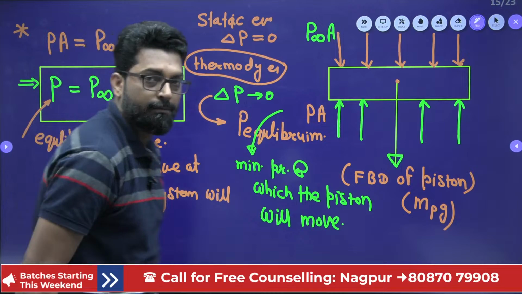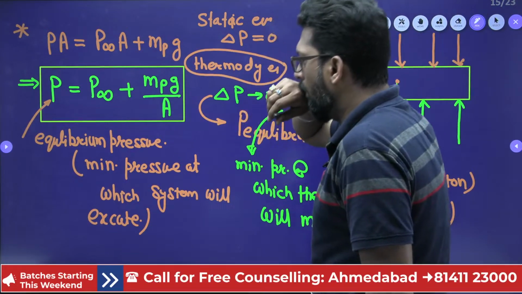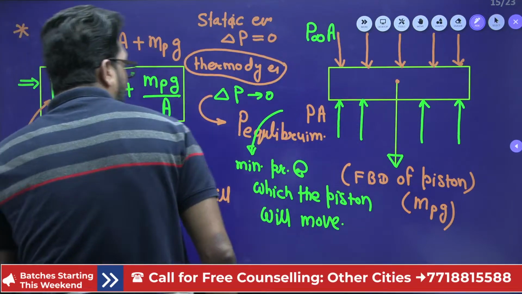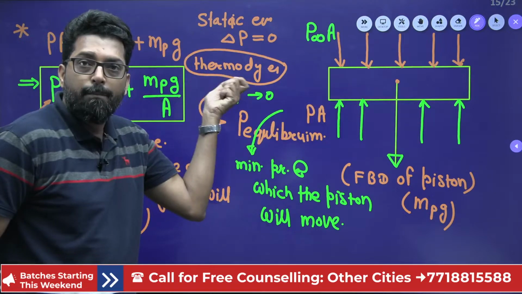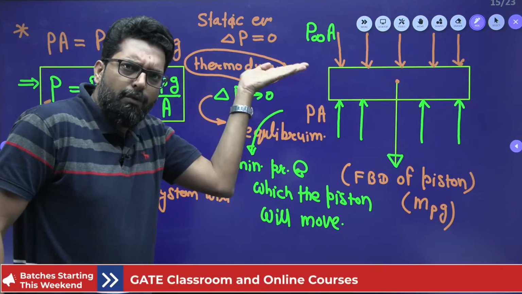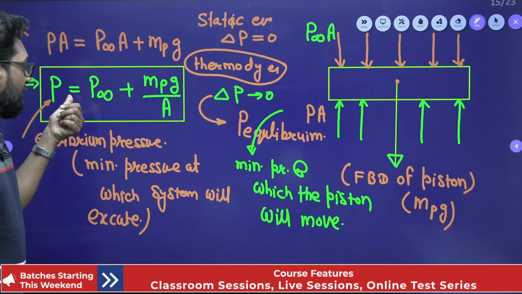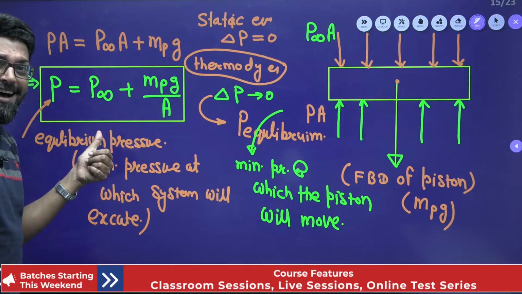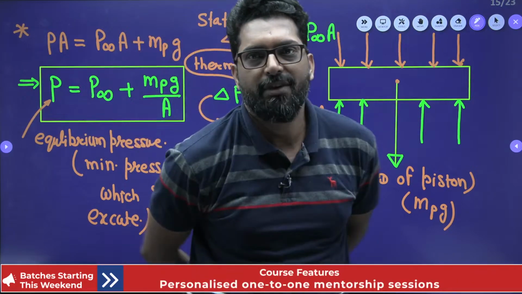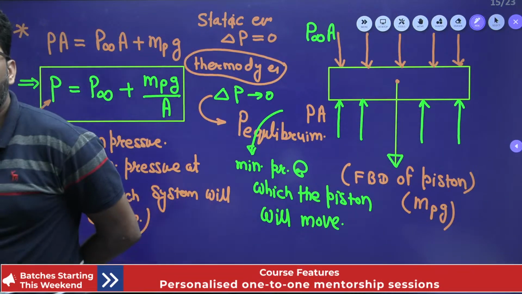So this is the equilibrium pressure. If we remove the stop, the piston will move up through this pressure. Through this minimum pressure, whether the piston will touch the stop or not, the question is asking.